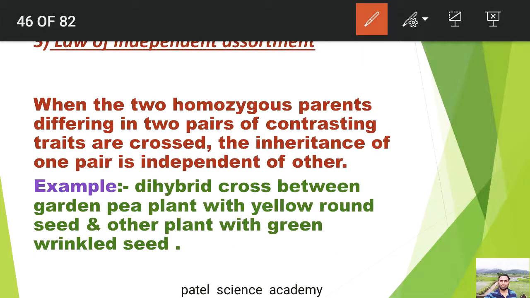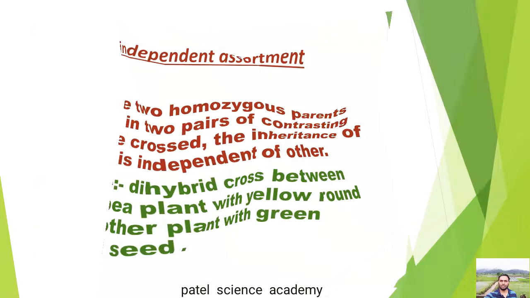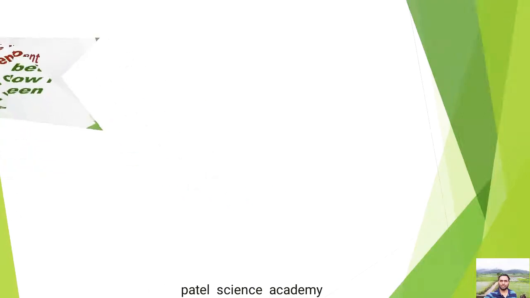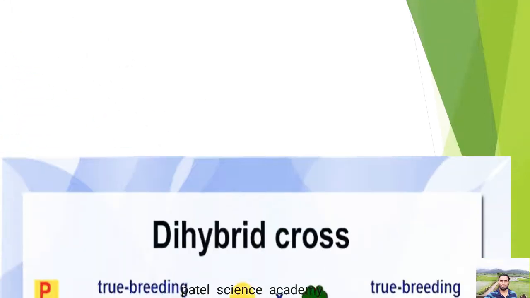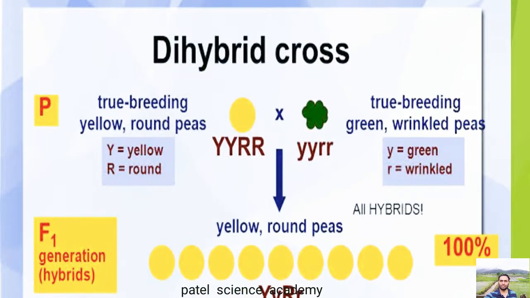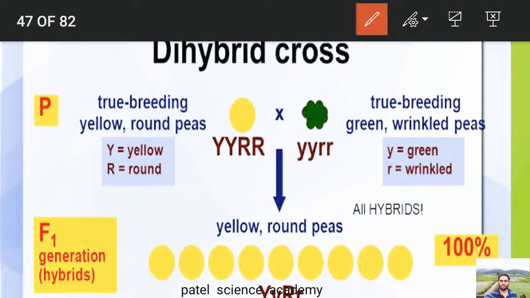So now we'll see this cross to explain this law of independent assortment. Dear students, this is the dihybrid cross, and in this dihybrid cross we will cross true breeding parents, one with yellow round and the other with green wrinkled. You can see here one seed which is yellow in color and round in shape. These are the two characters we are comparing, the shape and the color of the seed.